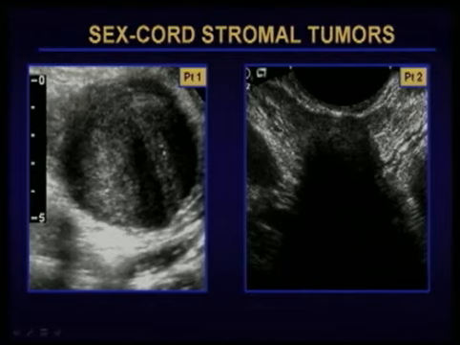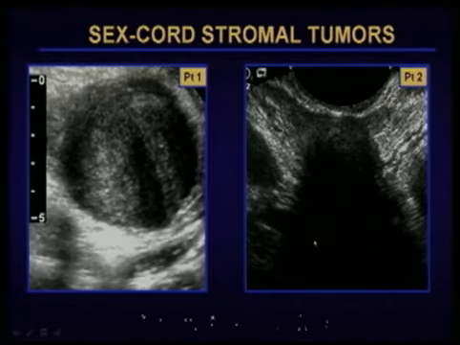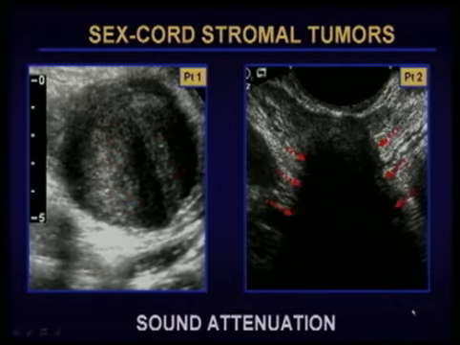A 3rd solid tumor can be associated with acoustic shadowing due to attenuation of sound and reflection of sound, and similar to leiomyoma of the ovary, these are fibrothecoma, and they're related like fibroma to the fibroid tumors, fibrous elements, and these can absorb sound, as we see in these examples.